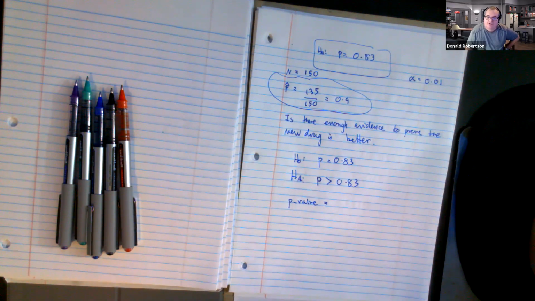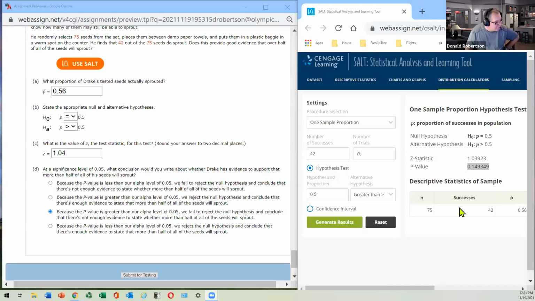So I'm now going to return back to our screen. And we are going to set this guy up. One sample proportion, that's good. In this case, it was 135 successes out of 150 people who took part in that drug.